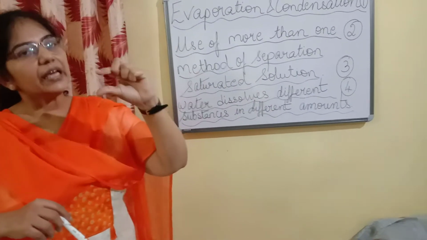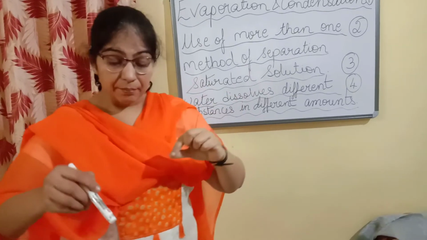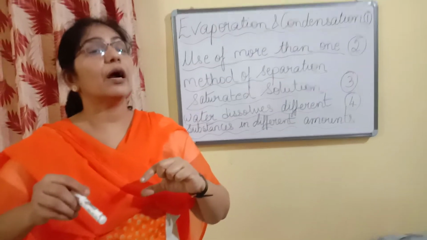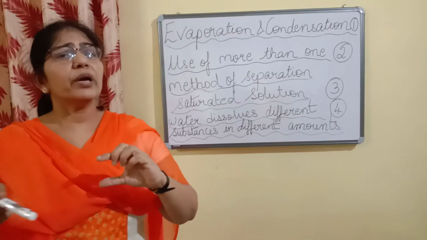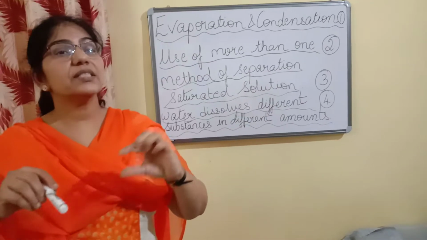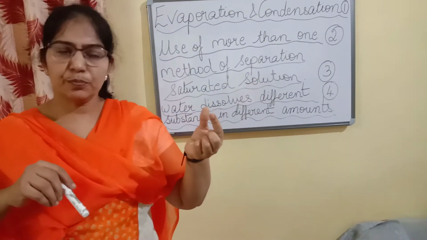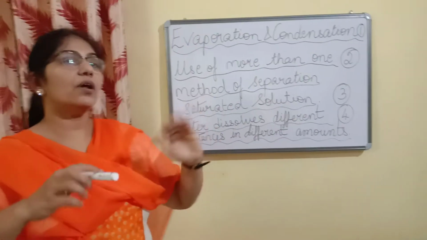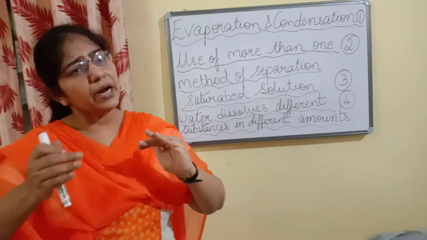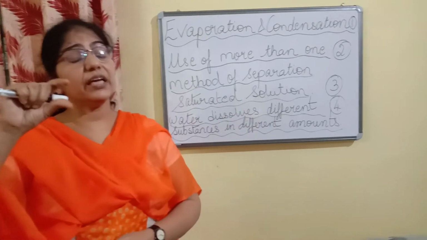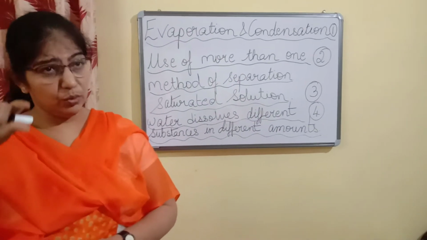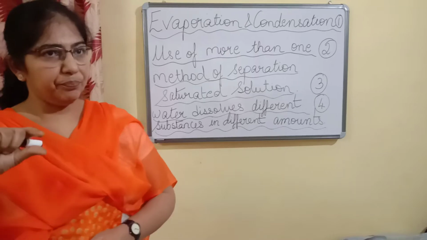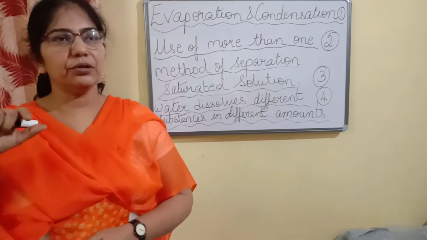I have taken equal quantity of water, but salt has dissolved roughly 4 to 4.5 spoons, while sugar has dissolved only 3 spoons. This means that water dissolves different substances in different amounts even when the water quantity is the same. I hope this is clear to you, children.